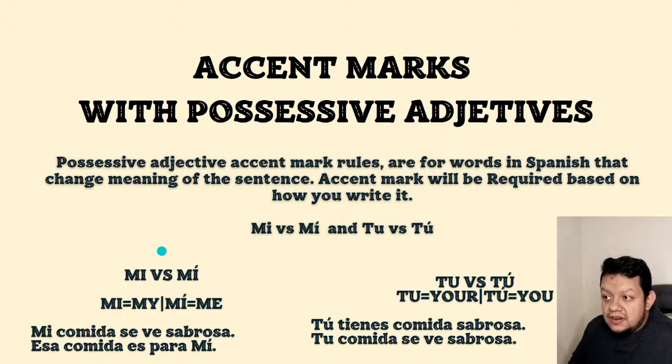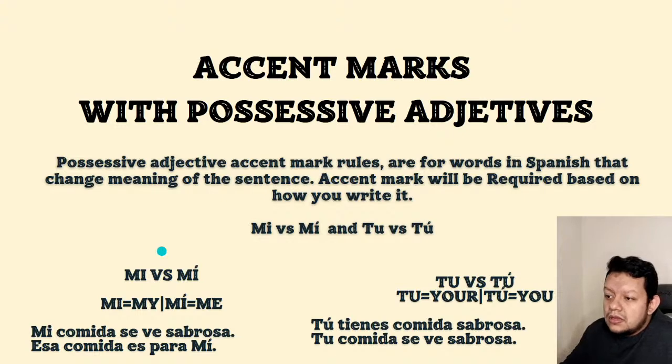Possessive adjectives are accent mark rules that we follow in Spanish that change the meaning of the sentence. Sorry, I don't know why I was writing and I guess I didn't check my sentence there. But the accent mark will be required based on how you write the sentence.